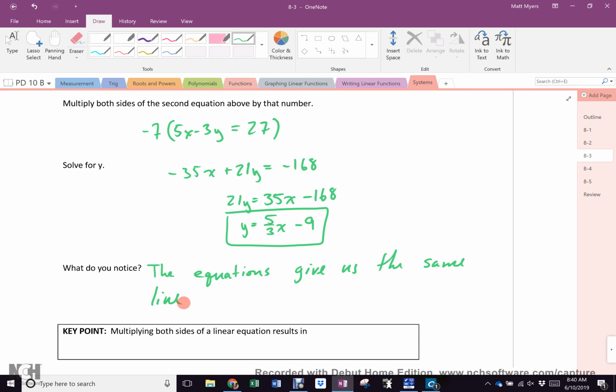But what do you notice when you solve for y after you've multiplied? I know it's first block Monday, but please don't tell me you don't know how to do algebra. What do you notice?